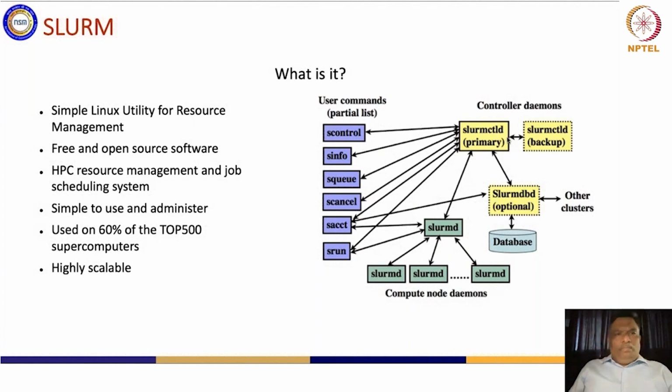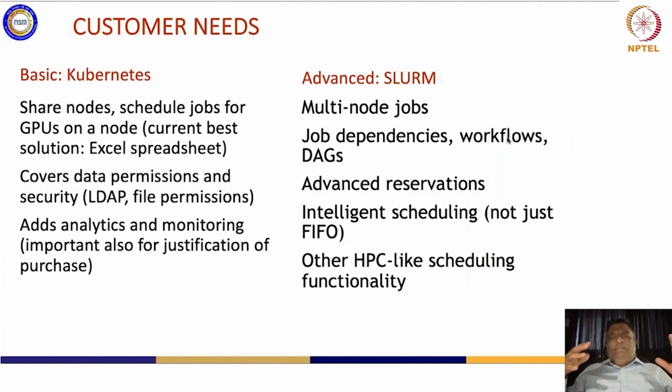Now if you see from the client's perspective or the customer needs perspective, you have got two things, right? One is the Kubernetes way of implementing things, another one is the other way of implementing things. So Kubernetes, you can share the node, schedule the jobs for GPU on a node, right? And then you can give permissions, security, you can do analytics and monitoring.